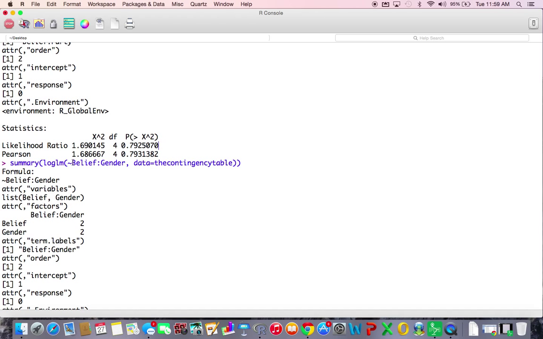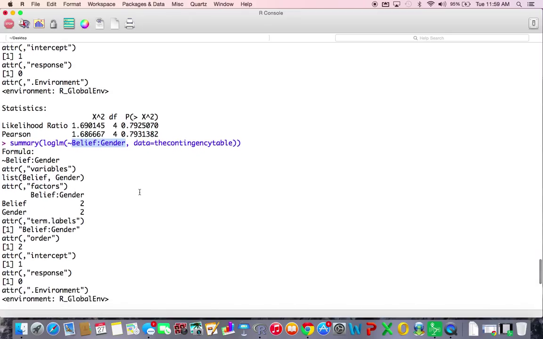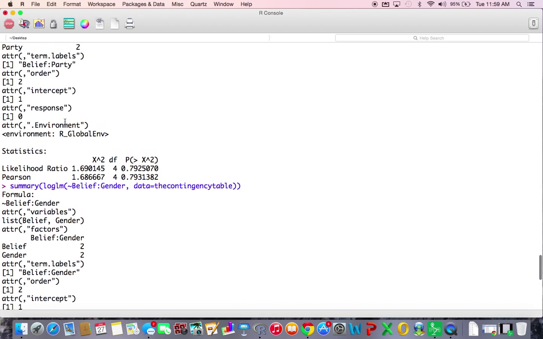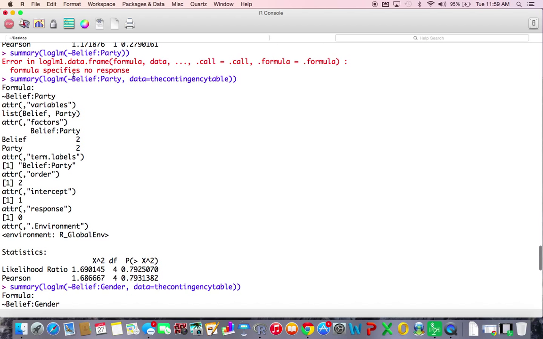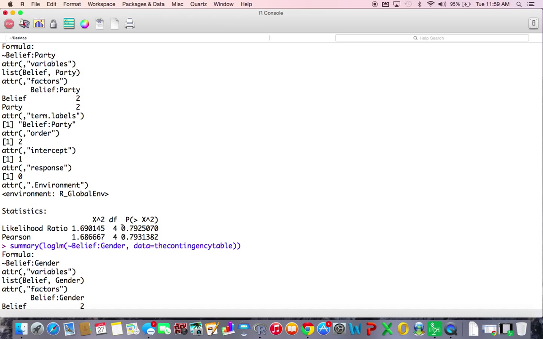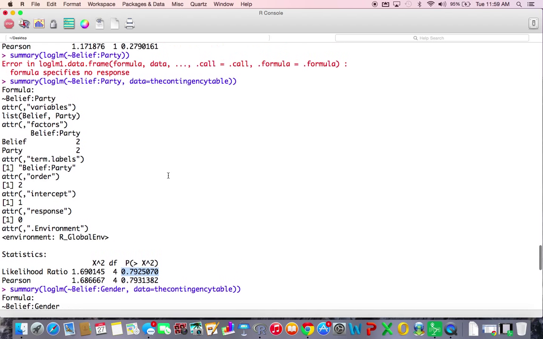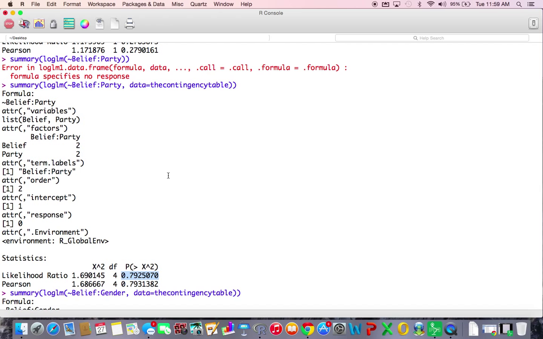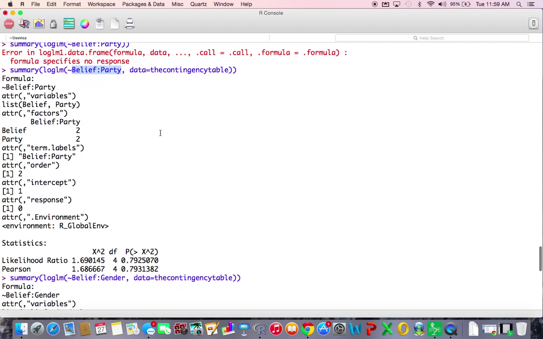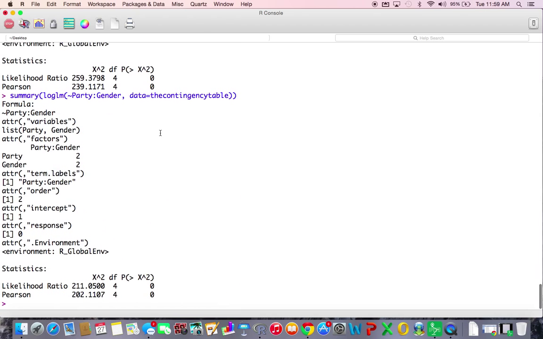So again, we go to the previous model, which is not statistically significant. We go on and examine our other two-way interactions here. But this model right here, the one that examined belief and party only, the last non-significant model that we ran into is the one we want to focus on. So guys, at the end of the day, notice gender is irrelevant. So we need to focus on the result just for belief and party.